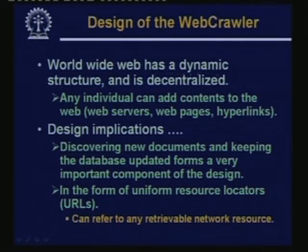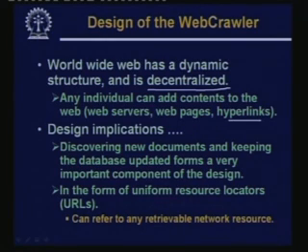The World Wide Web has a dynamic structure. The creation of the web is decentralized. There is no one who has central control over the design of it. Any individual who has access to the internet can add contents to the web. I can run a web server on my machine, create some web pages, and provide hyperlinks to other pages.